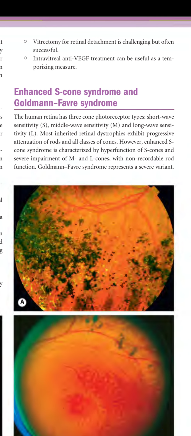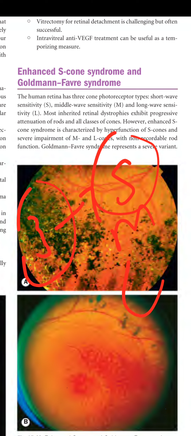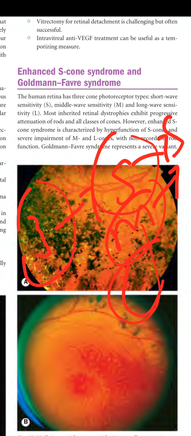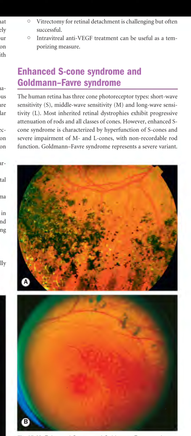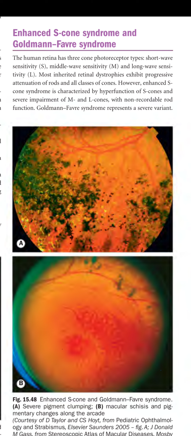The human retina has three cone photoreceptor types: short-wave sensitivity S, middle-wave sensitivity M, and long-wave sensitivity L. Most inherited retinal dystrophies exhibit progressive attenuation of rods and all classes of cones.